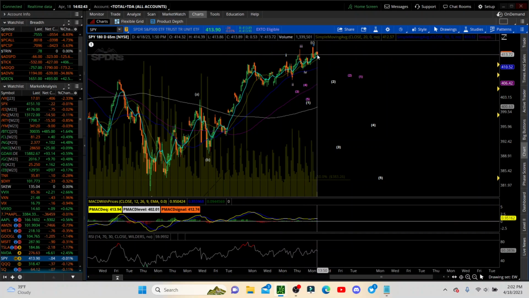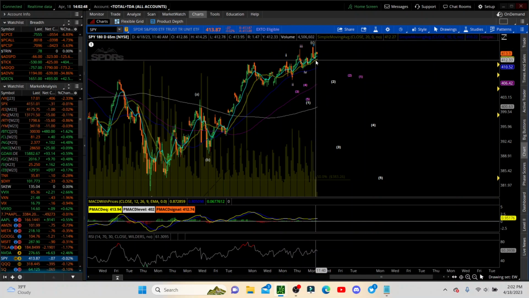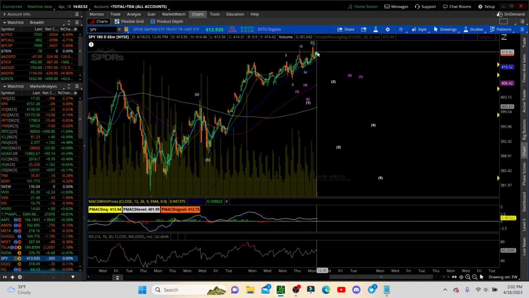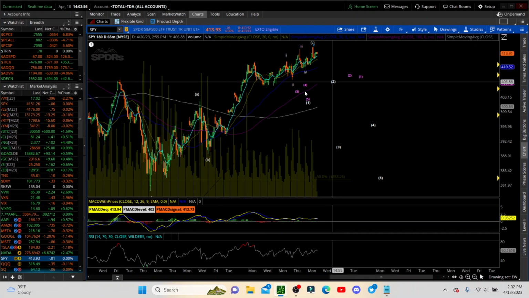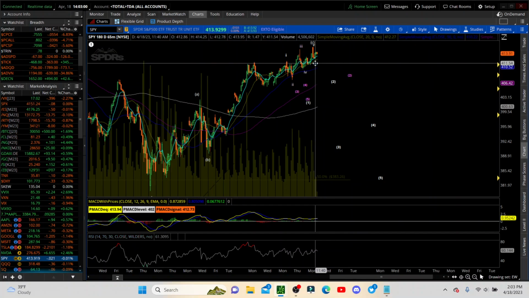But now you have that impulsive move down for wave 1. And 2 possibly is done. We'll see. And then we should move quite a bit more to the downside from here.